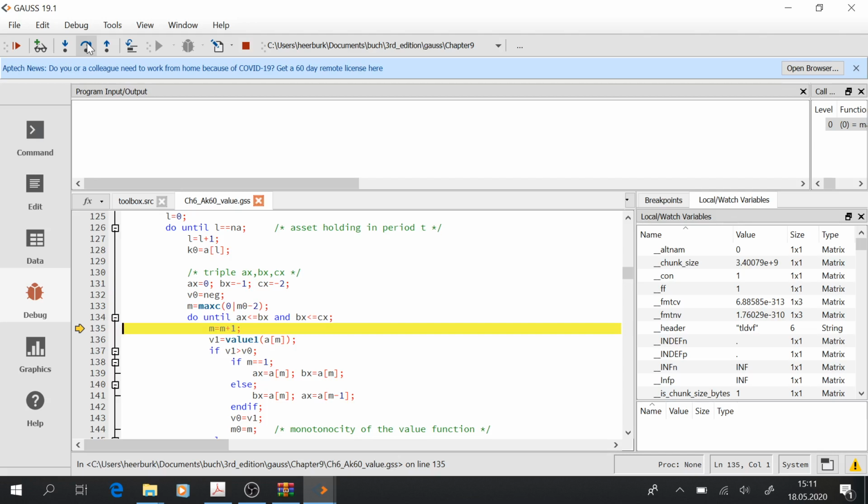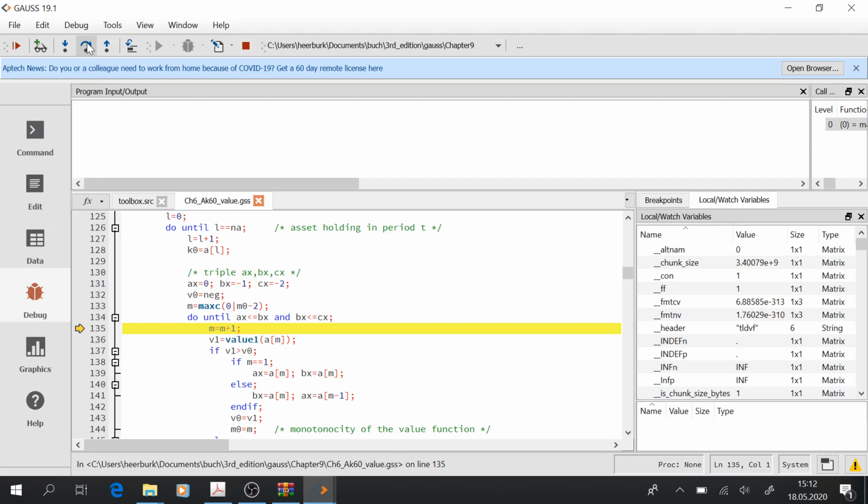So for our golden section search, we need the lower bound A and the upper bound D in our figure, if you remember, which contains the maximum. And then we need additional points between these two limits, A and D, in order to shrink the interval around the maximum.